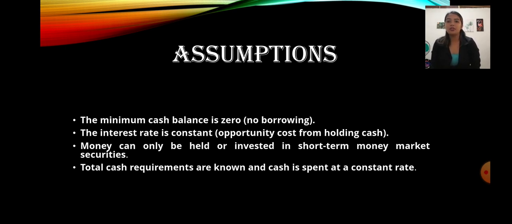The minimum cash balance is 0, which means no borrowing. The interest rate is constant. There is an opportunity cost for holding cash. Money can only be held or invested in short-term money market securities. And total cash requirements are known and cash is spent at a constant rate.